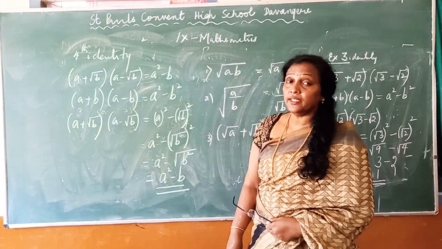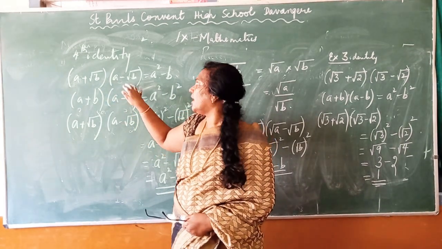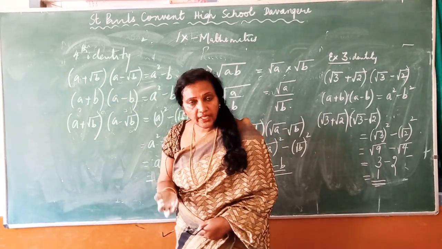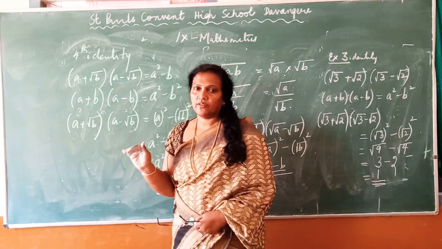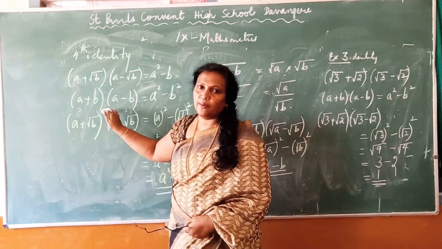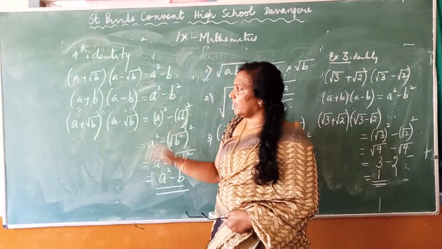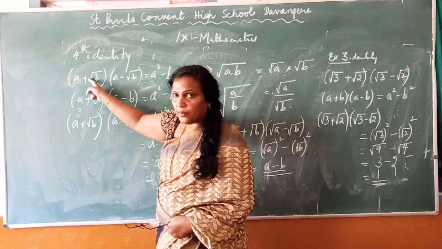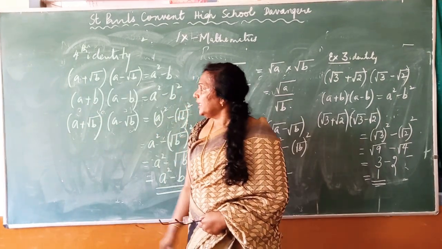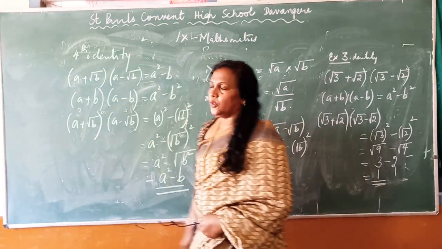So again I have to repeat: a plus root b into a minus root b, the identity I have written down, but how it came, we will make use of our identity, a plus b into a minus b is equal to a square minus b square. I compare with the problem, the identity they have given. In the place of a it is a only, but in the place of b what is there is root b.